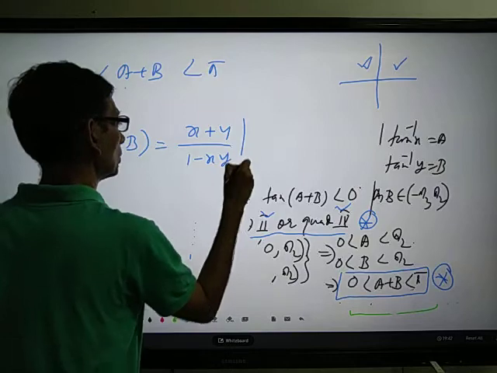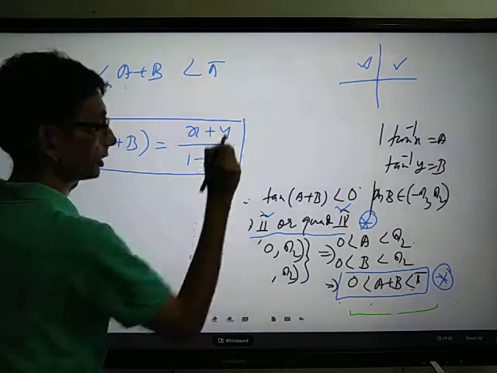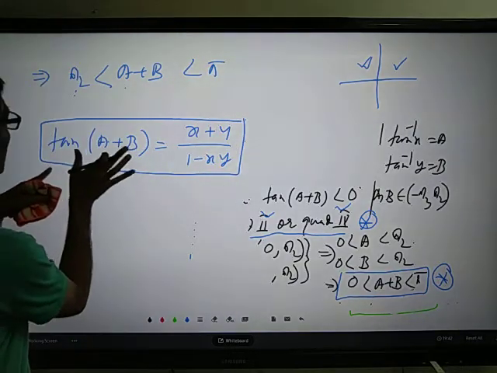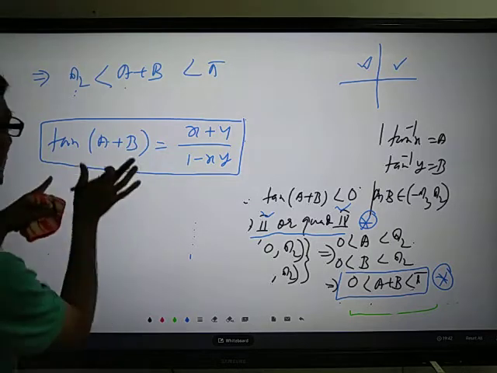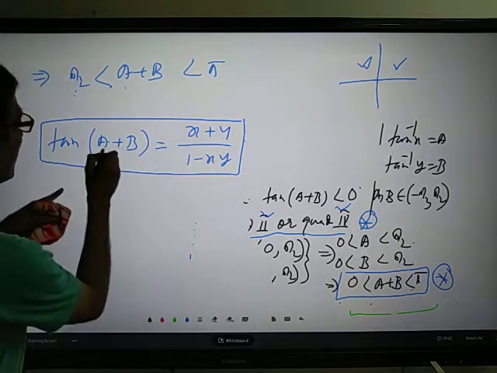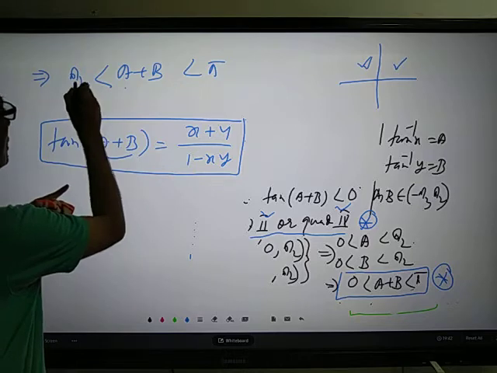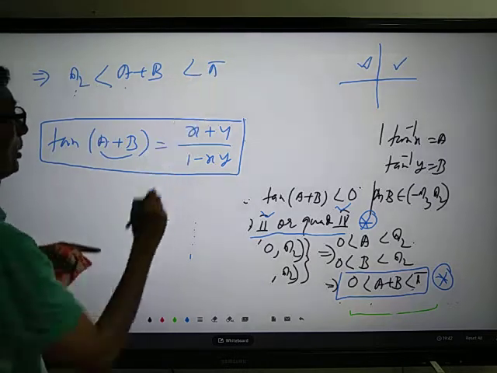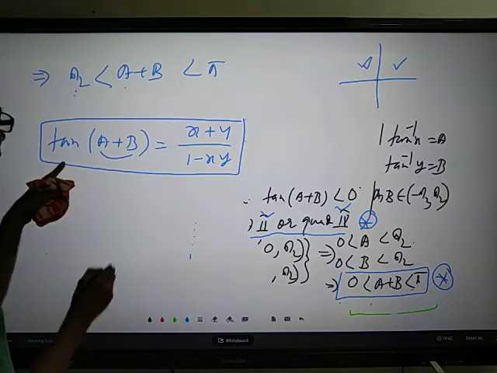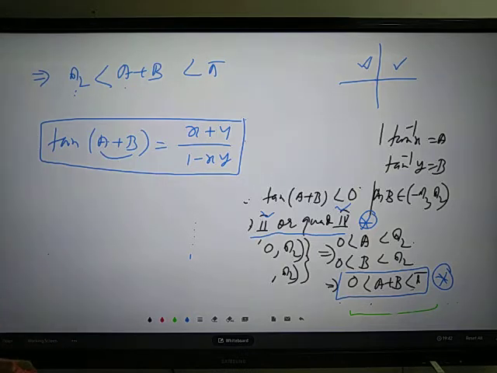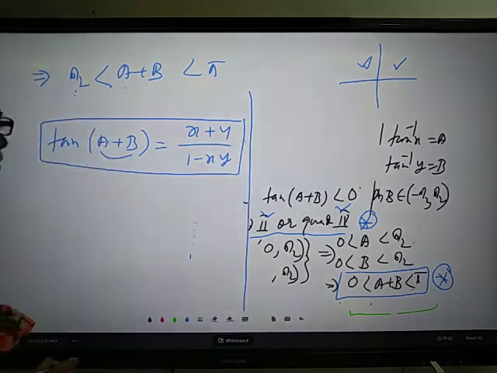This is the formula, right? Now we just have to take the inverse of tan, so a plus b should be tan inverse of that. But where does a plus b lie? It lies between pi by 2 and pi. So therefore we are going to manipulate this particular formula. How to do that? Let's do that.